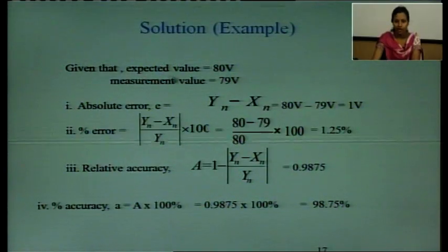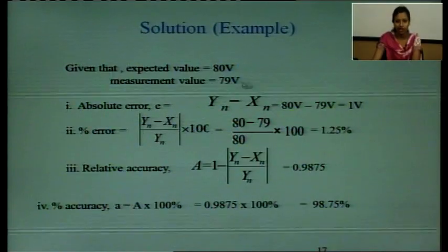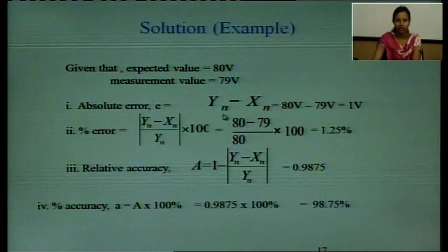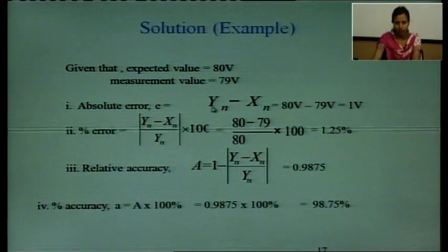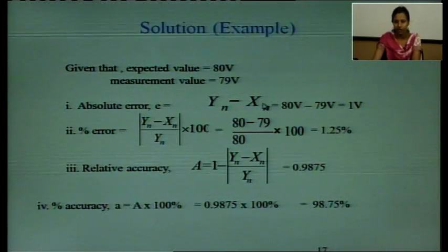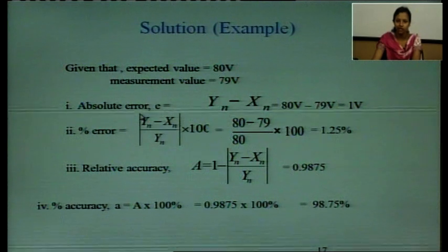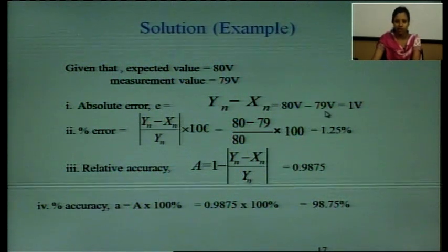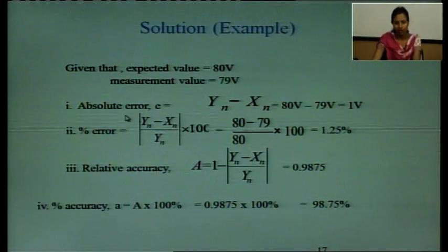So we know expected value is 80 volt while the measured value is 79 volt. So the absolute error is a difference between the expected value minus measured value. Expected value is 80 and measured value is 79. So the difference of these two gives us absolute error. So 80 minus 79 is 1 volt. So it is equal to absolute error.